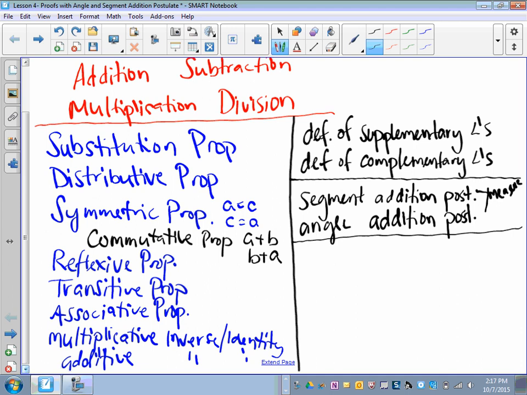Notice it says into two congruent segments. It does not talk about the measure of the segments. It tells us two congruent segments. I will read Spanish in a second. So the definition of midpoint tells us that the two segments are congruent.